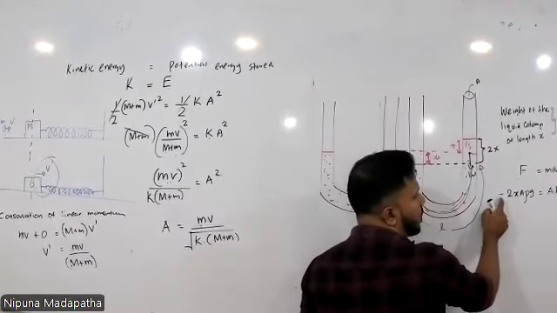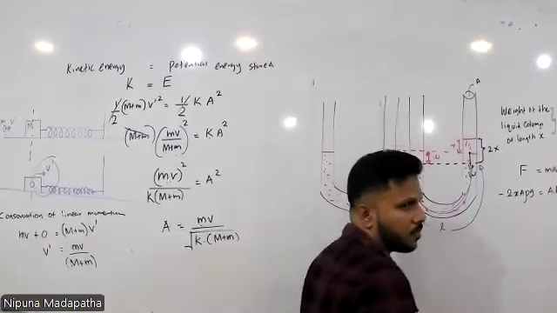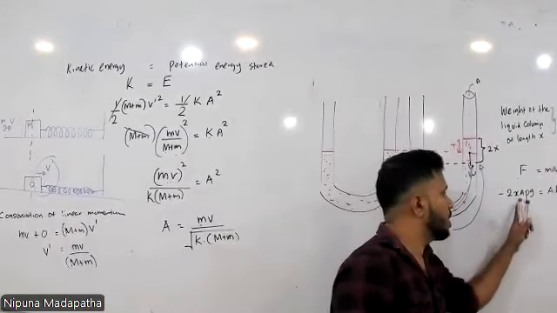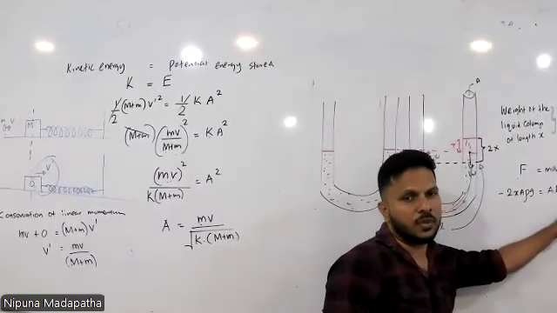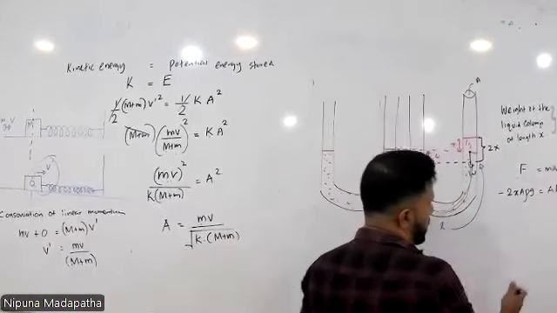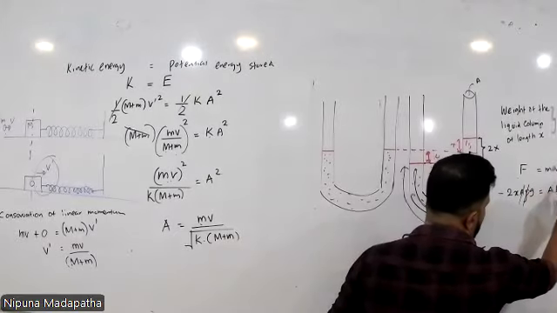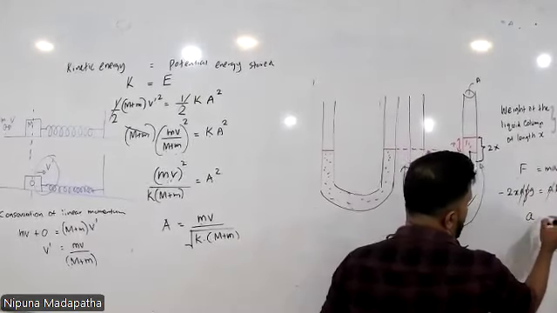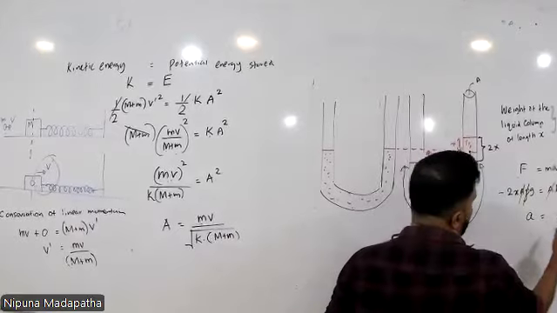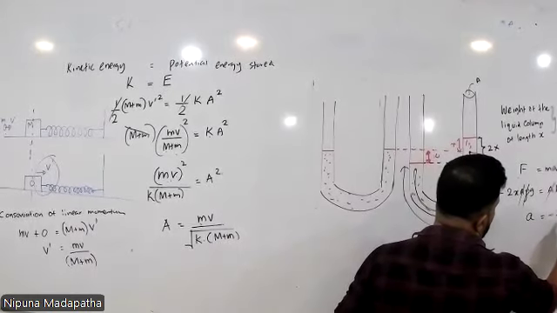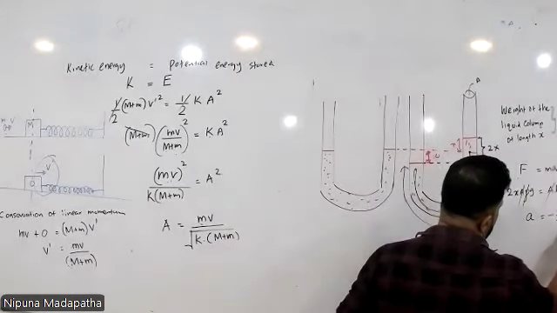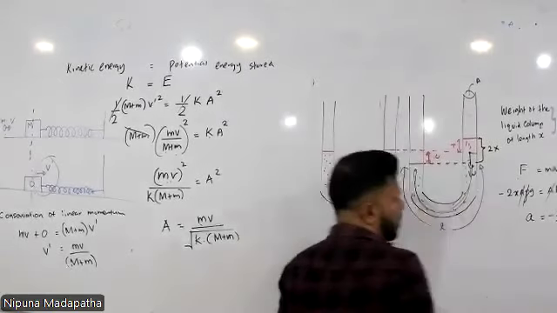So why do we put the minus sign here? Because the direction of the displacement is opposite to the direction of the acceleration. So ρ will cancel, capital A will also cancel. Acceleration a is minus 2g divided by L times x.